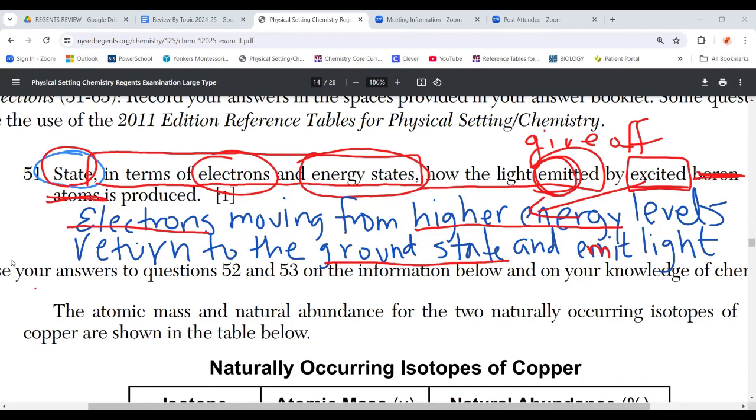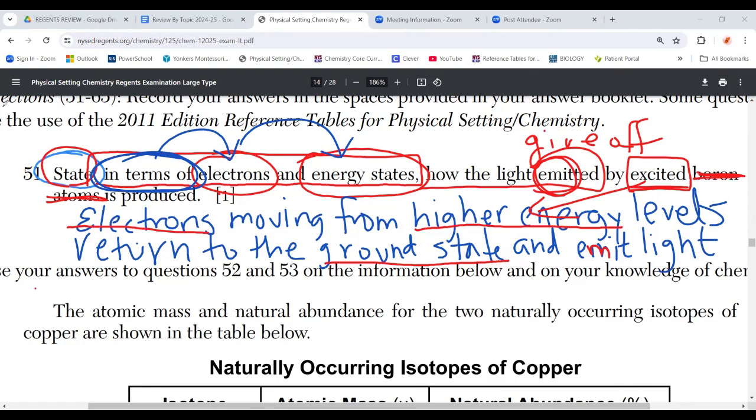So you are borrowing terms from the question. You're just not bothering with restating the question. You're just getting straight to the point. But you are making sure that you cover all the terms that are brought up in the in terms of section. So in terms of very specifically says what you are supposed to be talking about. Okay, we're done with all the questions for this section.